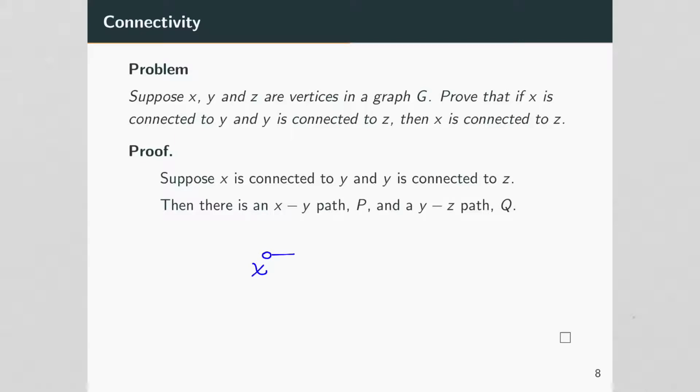You start at some vertex X, and you keep going until you get to vertex Y. So there's P, and then we can keep on going and continue on from Y to Z along path Q. Now maybe we use some of the same vertices and edges that we found in P, but eventually we'll end up at Z.